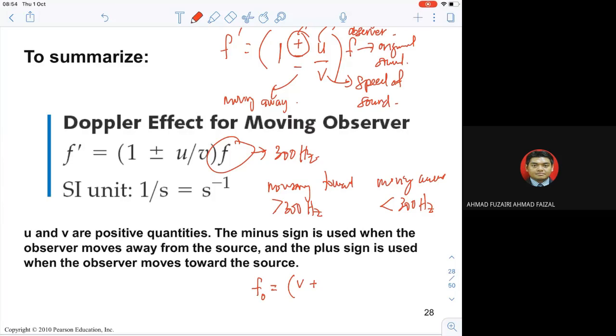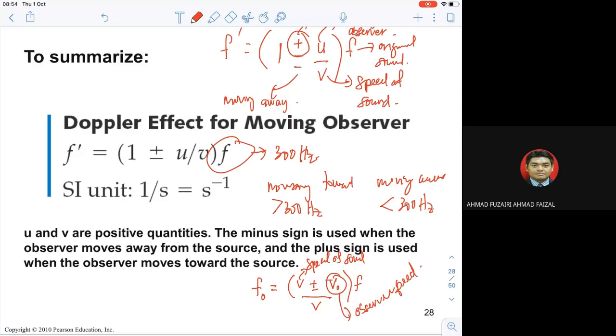f O equals V plus or minus V naught over V, times f. Same thing. V is the speed of sound, and V naught is the observer speed, because this is a moving observer.